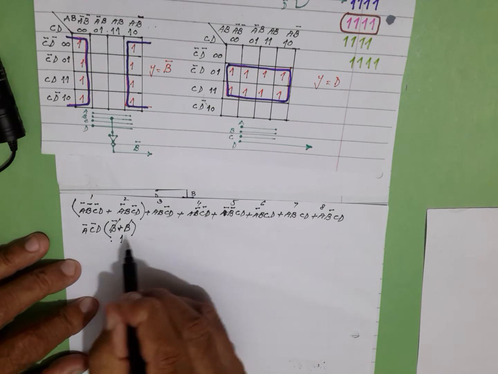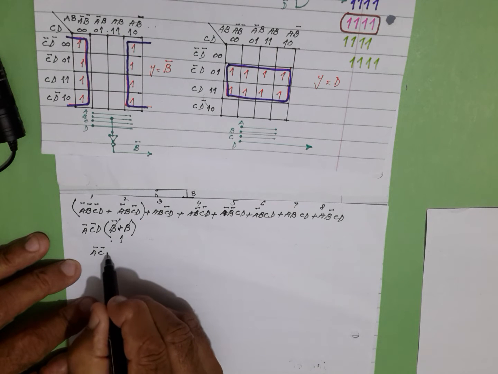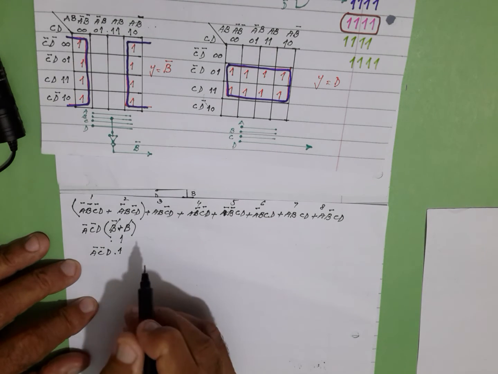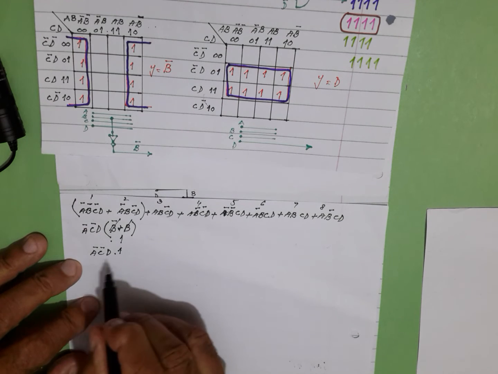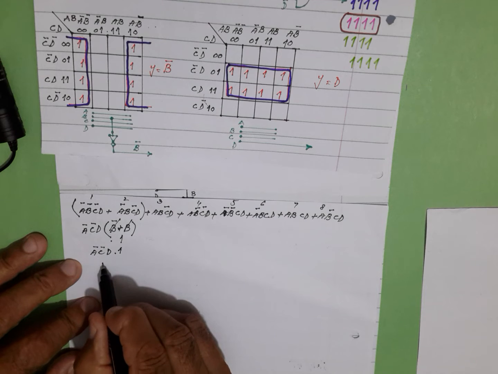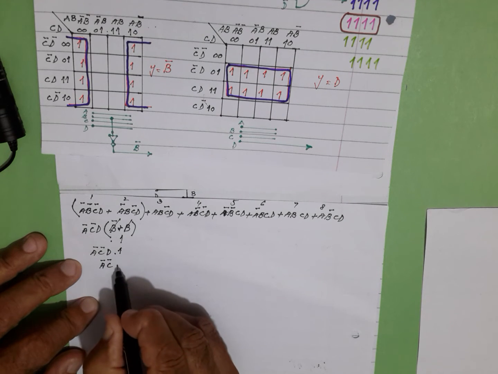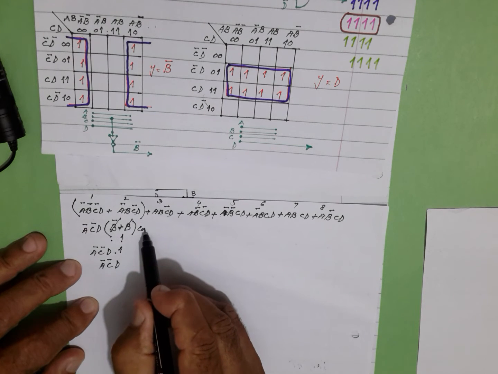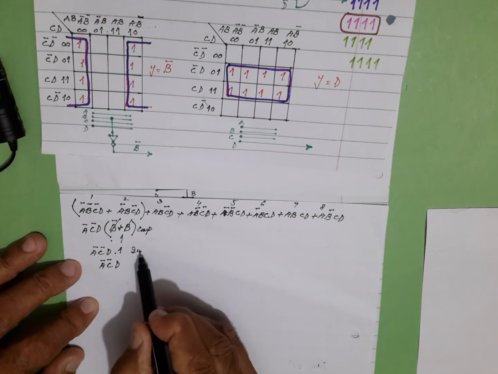And the identity law says that when A bar C bar D is multiplied by 1, it results in the original, that is A bar C bar D. Here we are applying the complement law, and here the identity law.